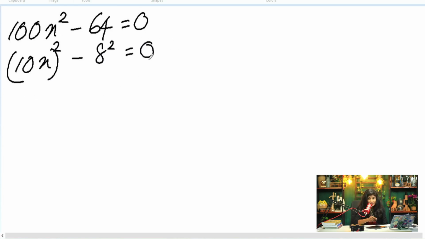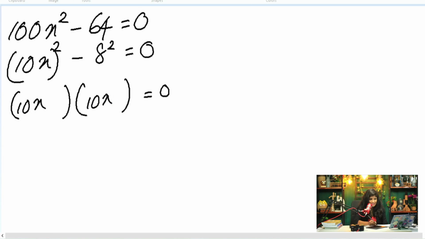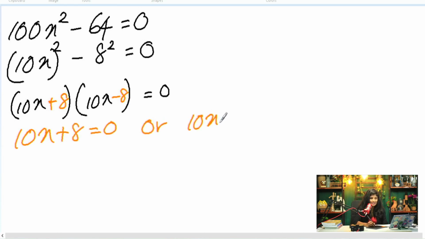I described this one in the previous question. So I just wrote 10x square here. Now we have to write the two factors. The first number is 10x and the second number is 8. Here plus and here minus equals 0. So 10x plus 8 equals 0 or 10x minus 8 equals 0.